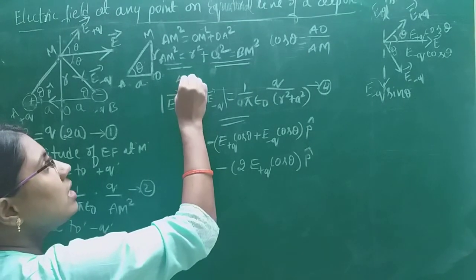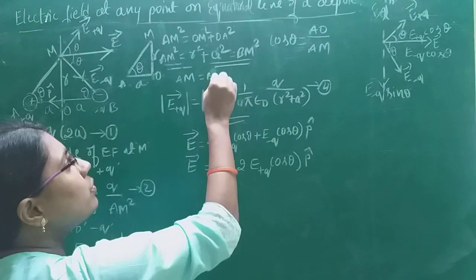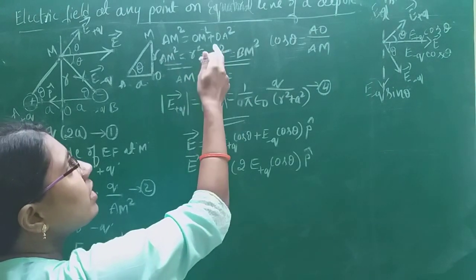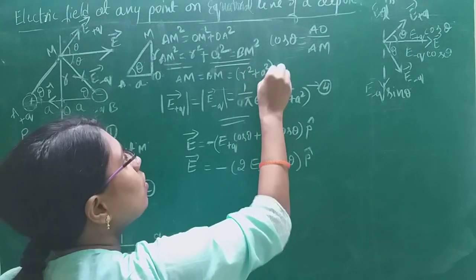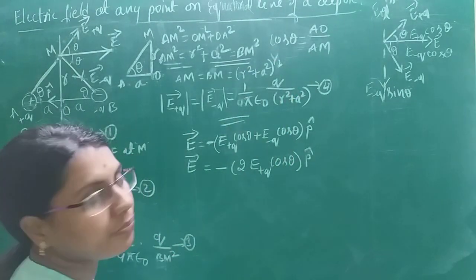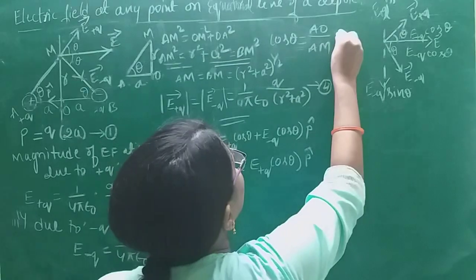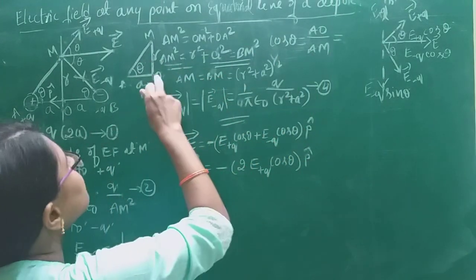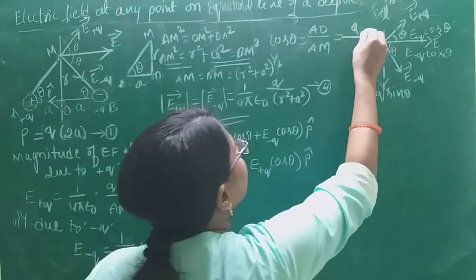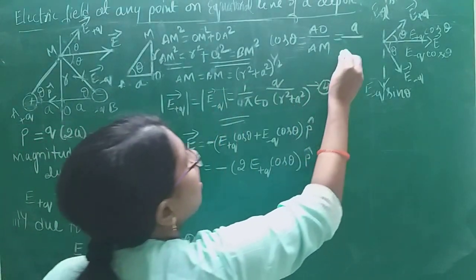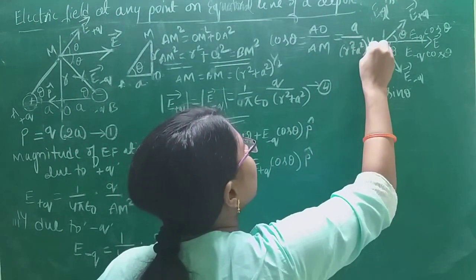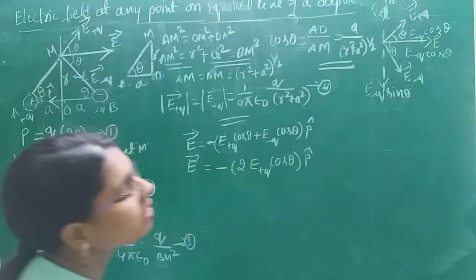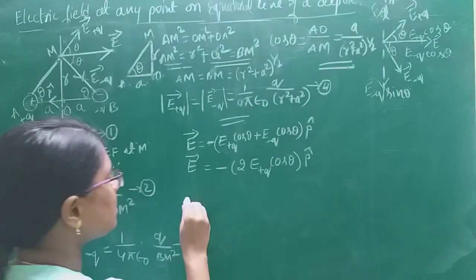So AM value or BM value will be equal to, taking the square to this side, R square plus A square whole power 1 by 2. Now substitute this value. AO is A, divided by AM, which is R square plus A square whole power 1 by 2. So now substitute this cos theta value.